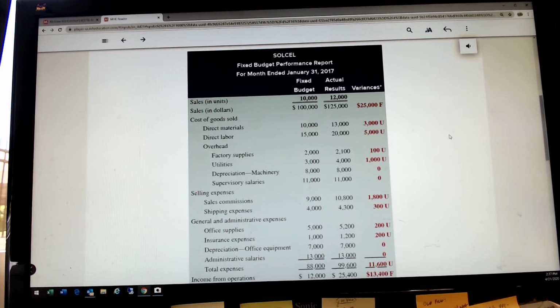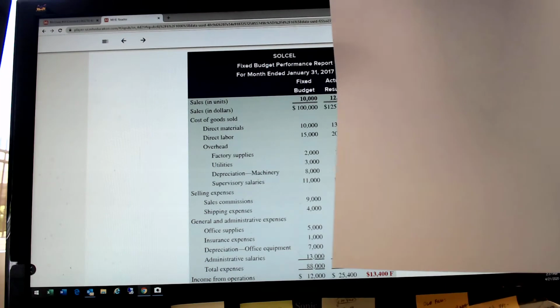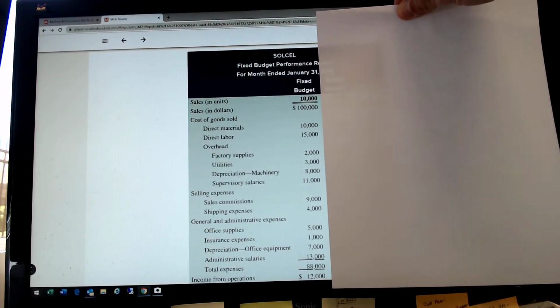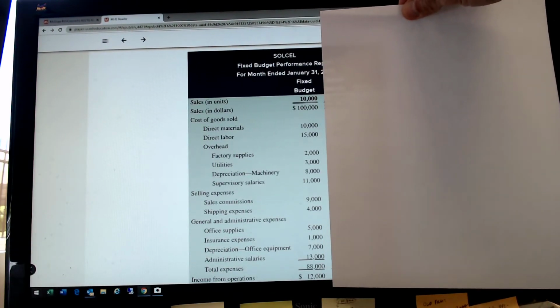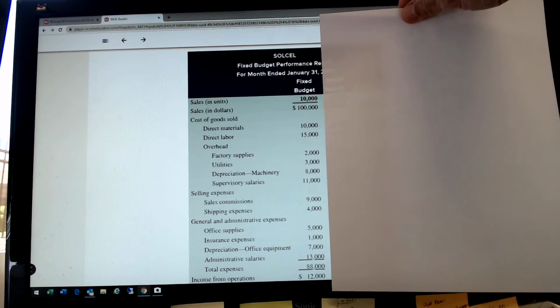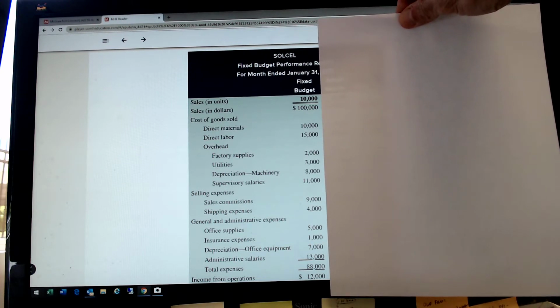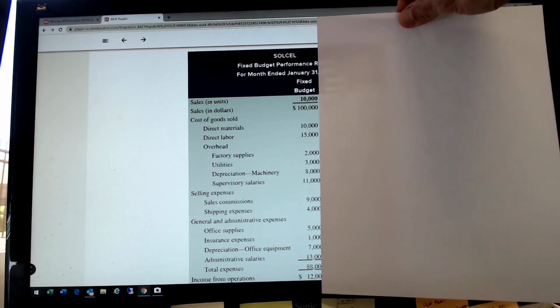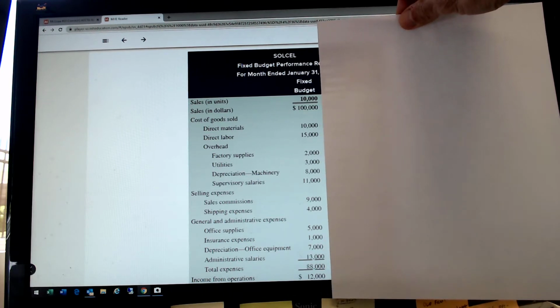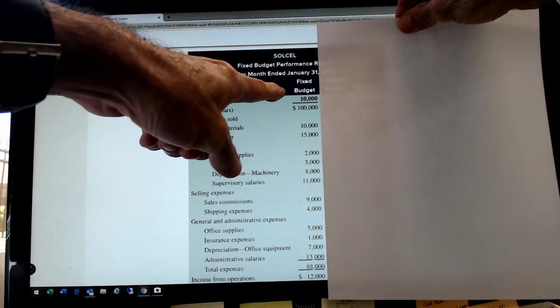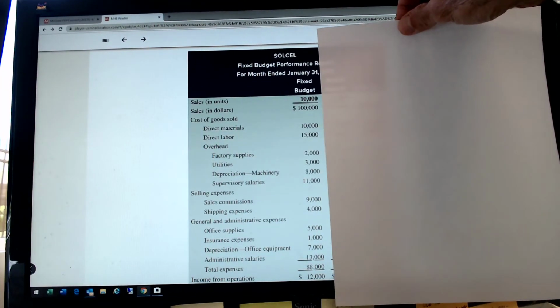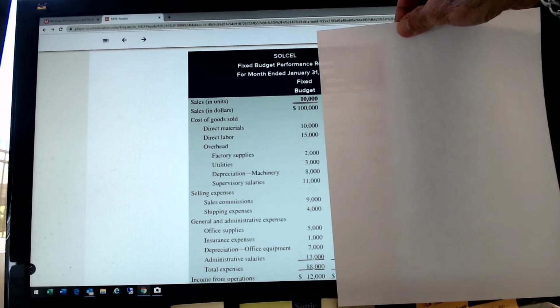Okay, so here's what the company started off with, and here's what the company came up with. They came up with a monthly budget at one level of activity. What we're shooting for in this monthly budget is 10,000 units sold. If I do have 10,000 units sold, my sales will be $100,000.